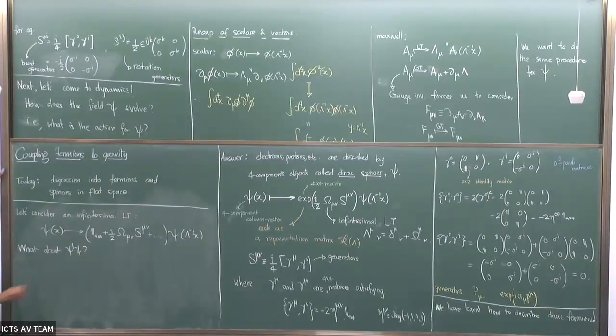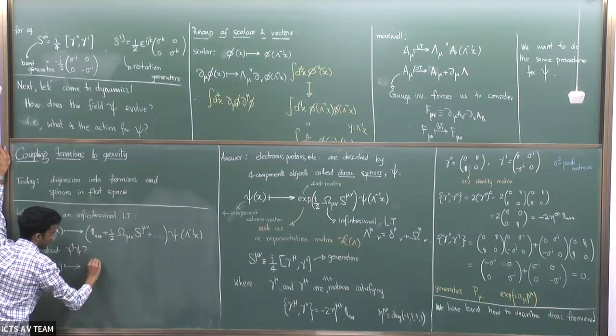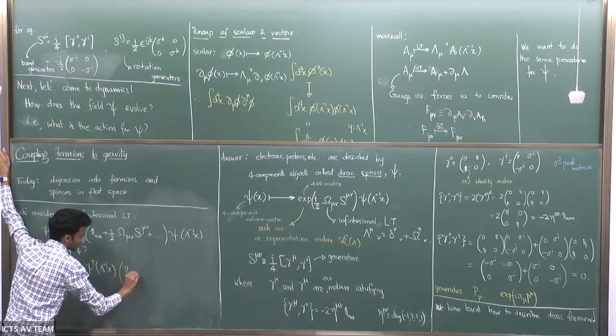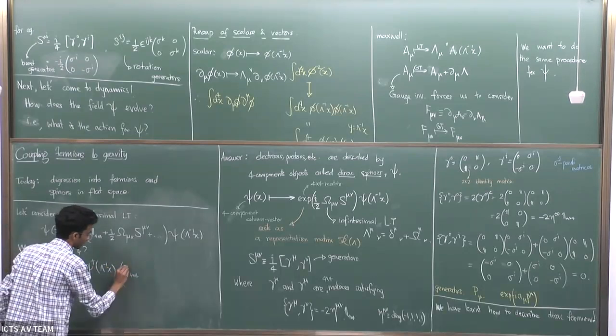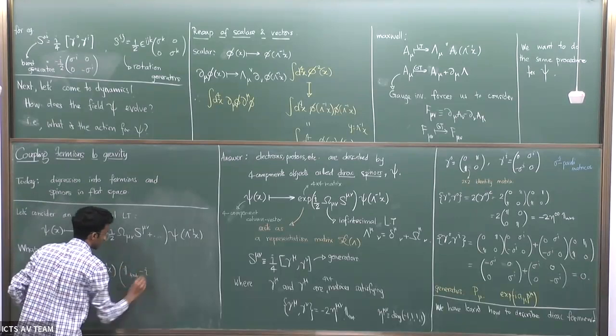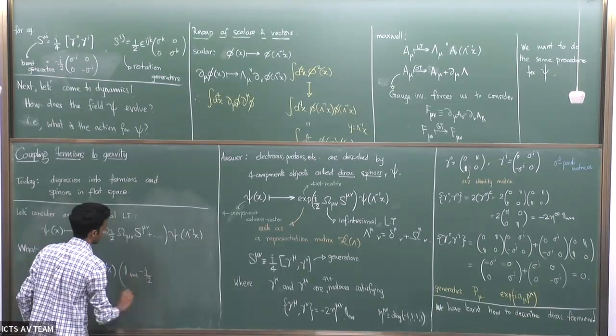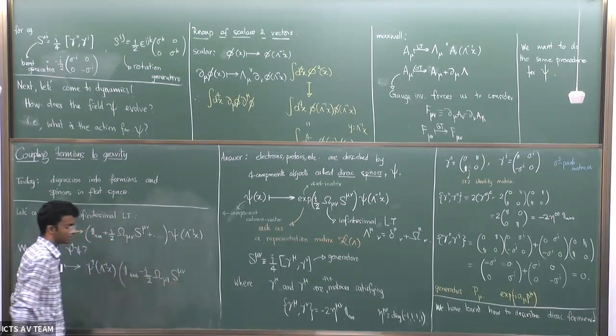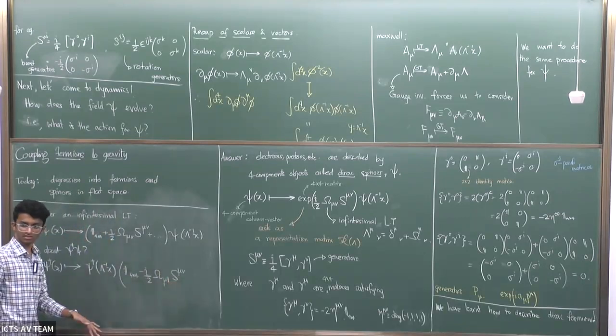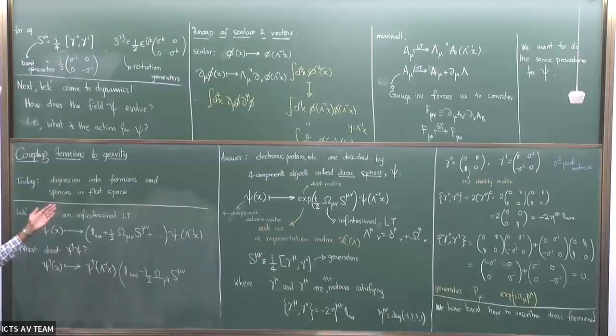So now let's just see how ψ† transforms. ψ†(x), by just taking a dagger of this transformation, will transform as ψ†(Λ⁻¹x). Identity, nothing happens to the identity, it will be identity. Minus i, because this i will get ω_μν. And S^μν is neither Hermitian nor anti-Hermitian, because some components of it are Hermitian, some components of it are non-Hermitian.